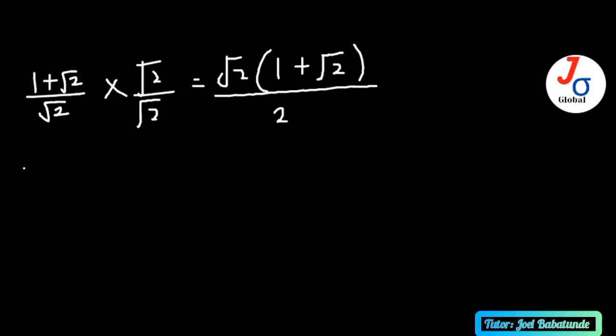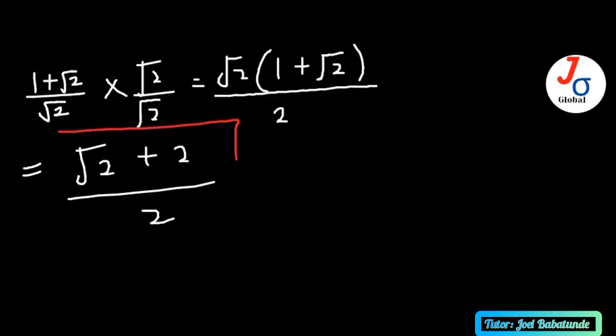Opening up this bracket, root 2 times 1 is root 2, and root 2 times root 2 is root 4, and root 4 is 2, so we get root 2 plus 2 over 2. So that's our final answer. I think that's it.